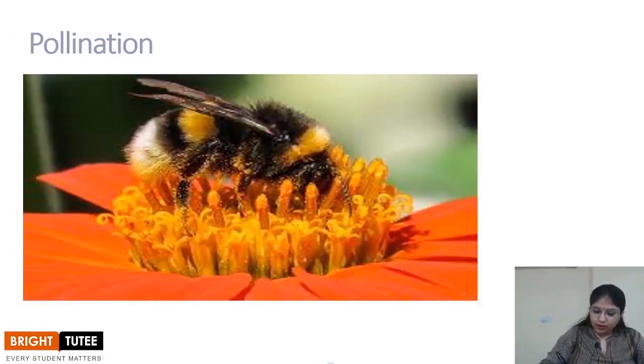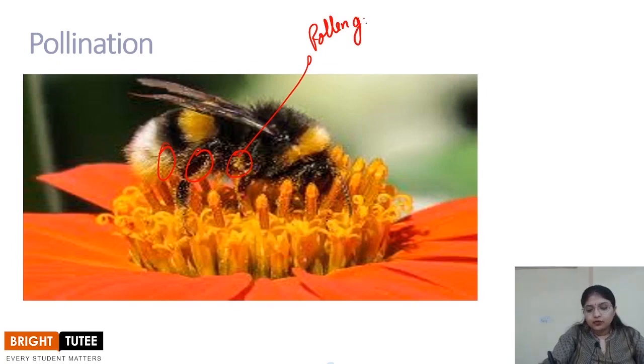And as you can see over here, this yellowish part which you are able to observe is the pollen grains. Mind you, students, that pollen grains are produced in large numbers. The reason is that not necessarily each pollen grain is going to land on a stigma. Some of it may be lost during the transference, right?